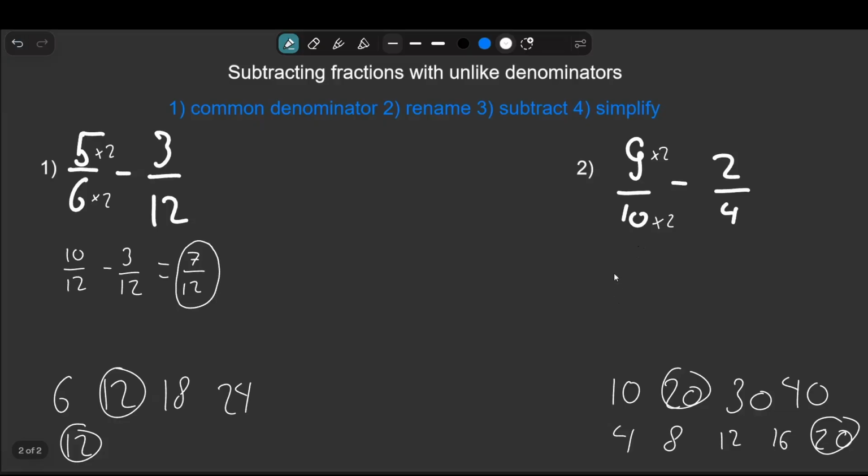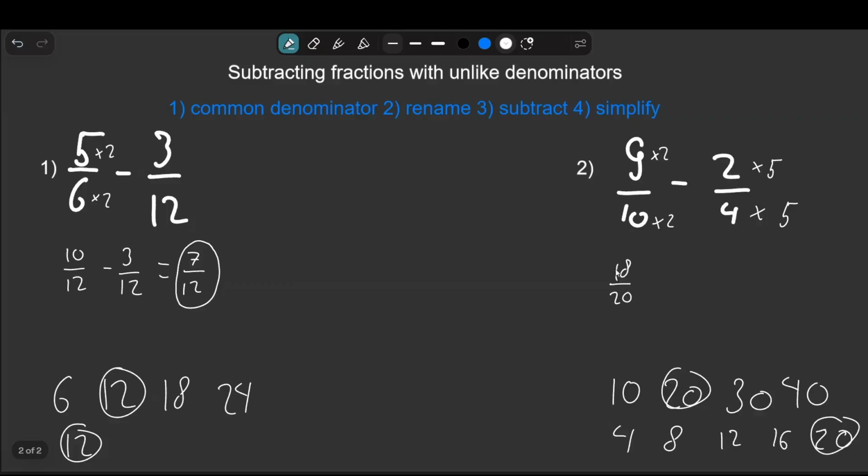Then we get 18/20. But right over here, we have times 5, because 4 times 5 equals 20. Times 5 and times 5. So we both times them by 5, because if you times the denominator, you have to do the same with the numerator.